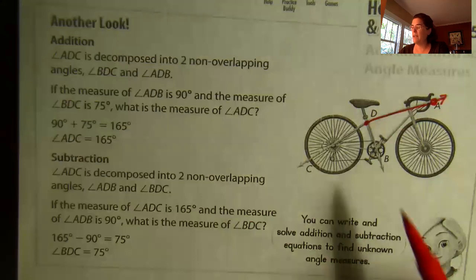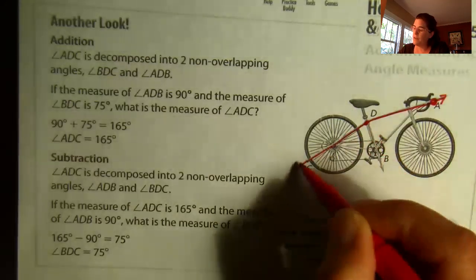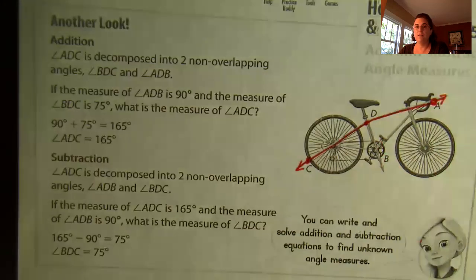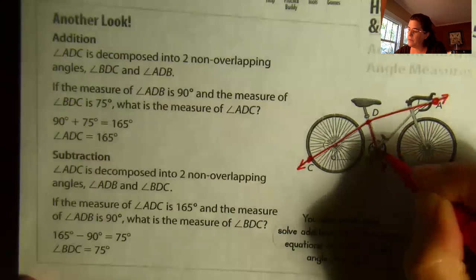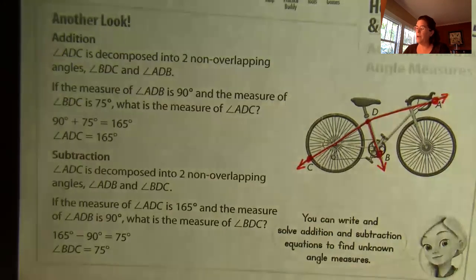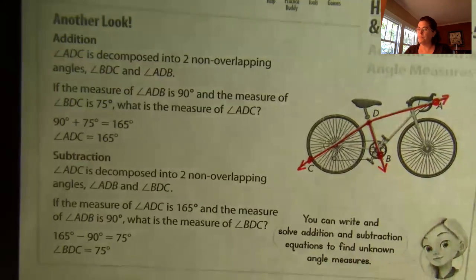So there's ray DA, and then we have this ray down here, DC, and we have this ray here, DB. So now we can see the angles that we're talking about in this problem.